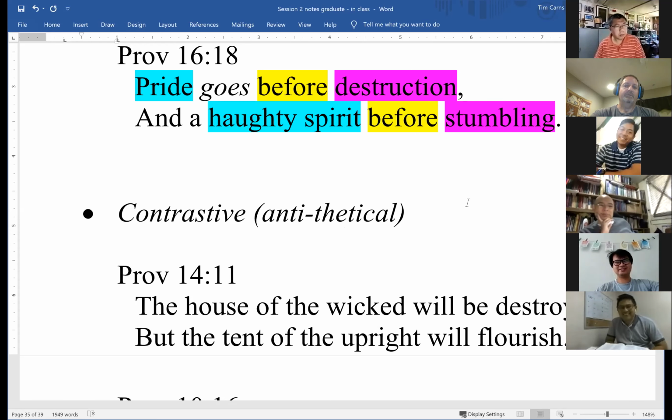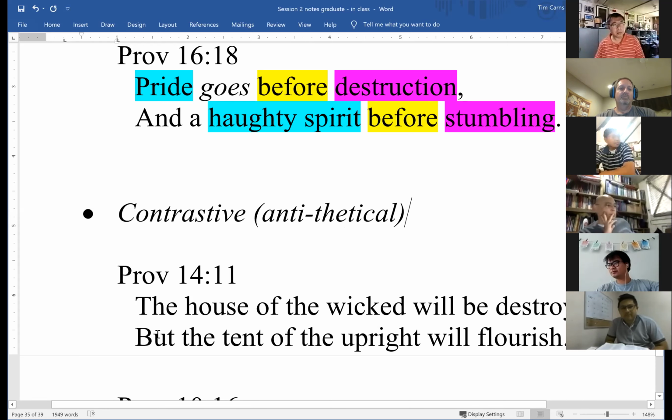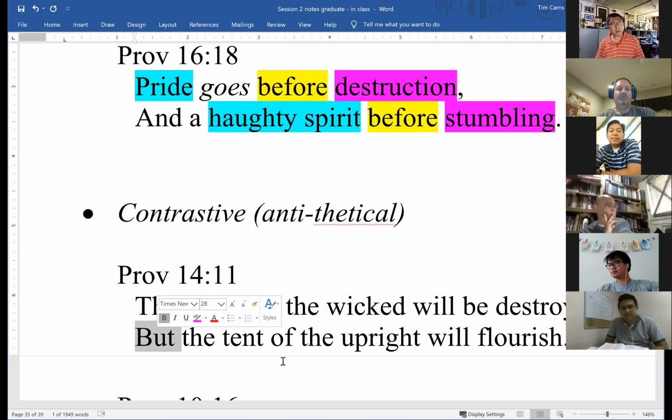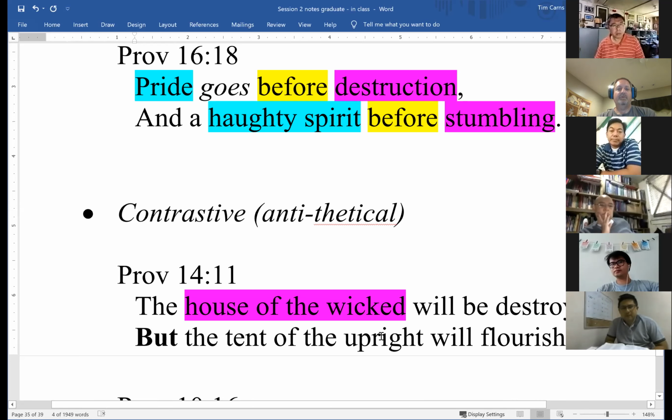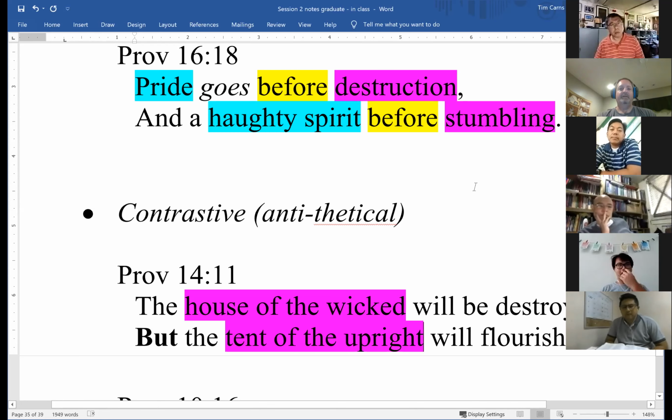We see that clearly here, not only in the words but we have house of the wicked, tent of the upright. Those are two opposites, correct? The wicked, the upright. And it says the house of the wicked will be destroyed, okay?